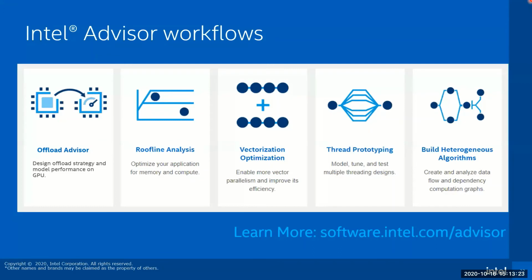It started as a tool which was modeling the performance of an application in terms of vectorization or threading, and now it has added some modeling of heterogeneous algorithms and offload. Offload Advisor and roofline analysis are now related to GPU as well. So we will quickly review those two analyses because they are related to GPU.